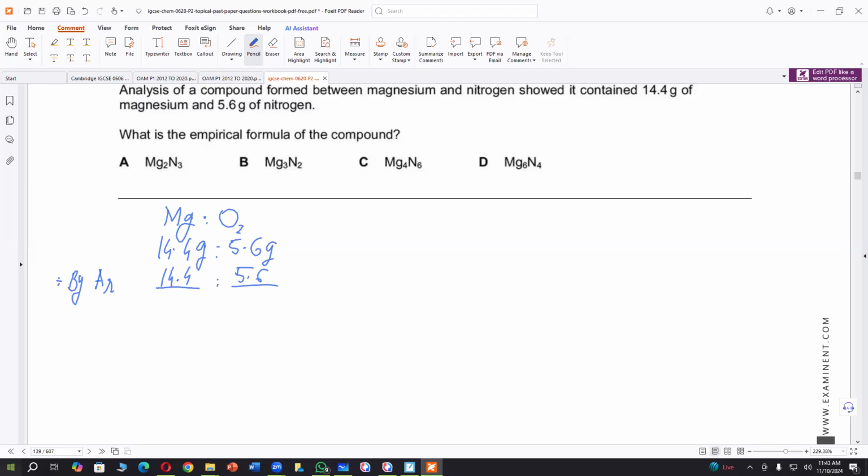Open the periodic table, group 2. Do I just divide 14.4 by 5.6? No, I'm saying divide by relative atomic mass, Mikhail. Look at the periodic table. What is the relative atomic mass of magnesium?